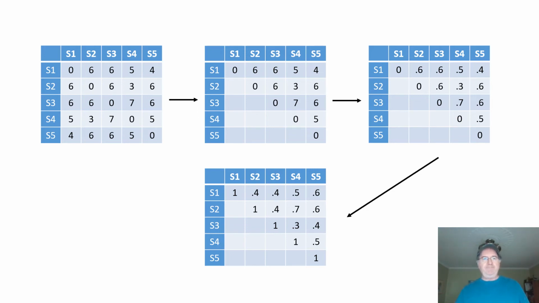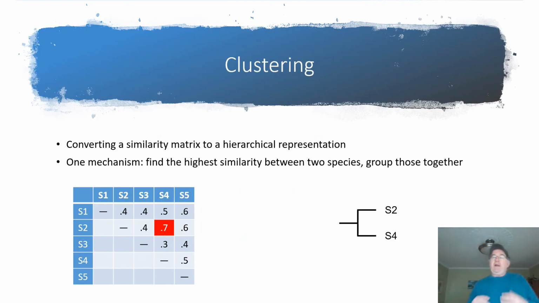What are we going to do with that? We could stop right there in that similarity matrix. But for me, it's more than a little bit difficult to translate that similarity matrix, especially if you might have dozens, hundreds of species, into some sort of coherent representation of the overall similarity between all of those species pairs in one swell foop.